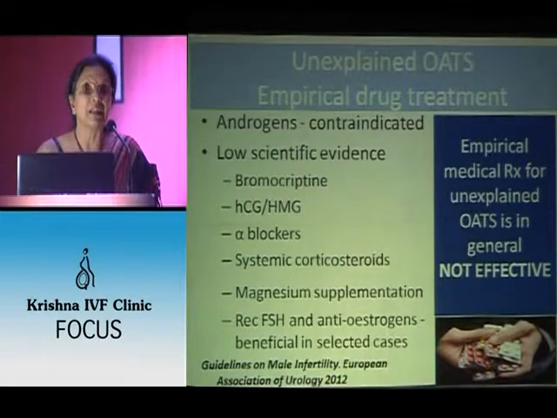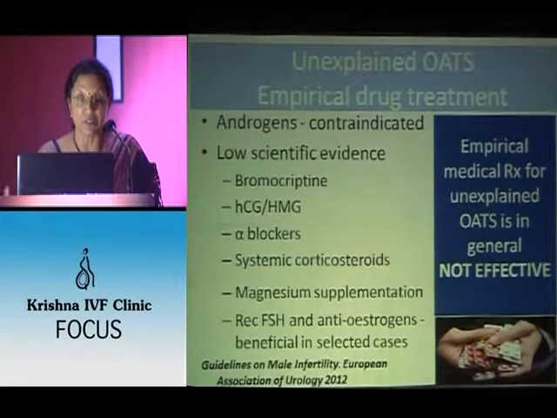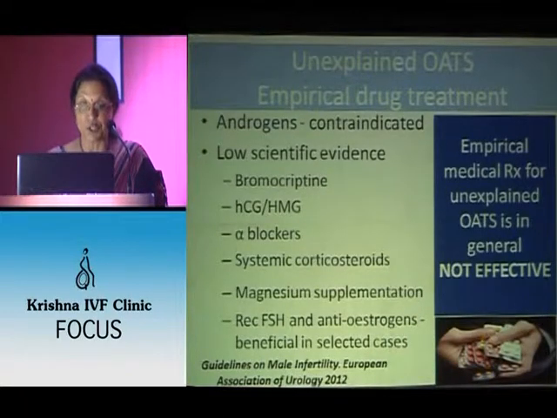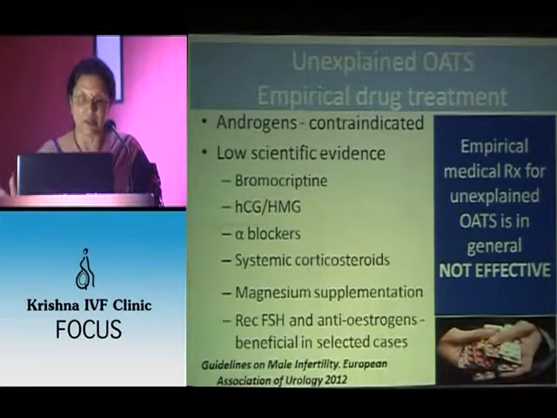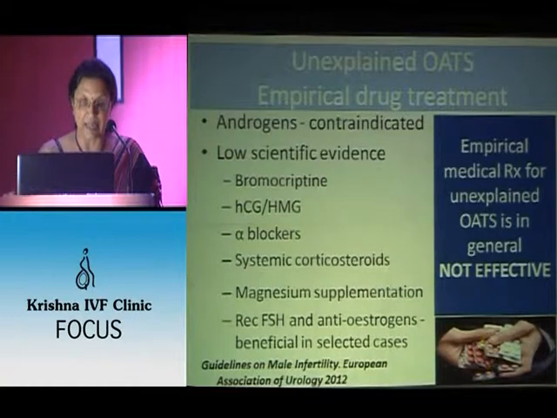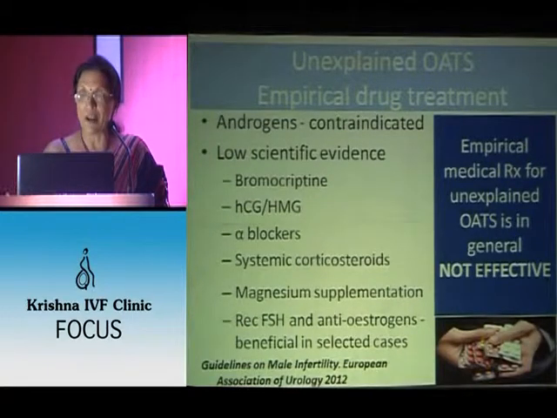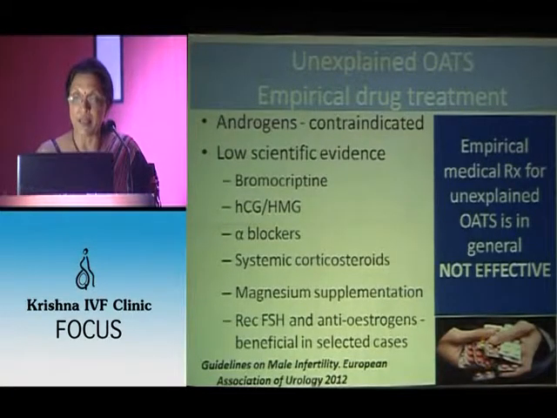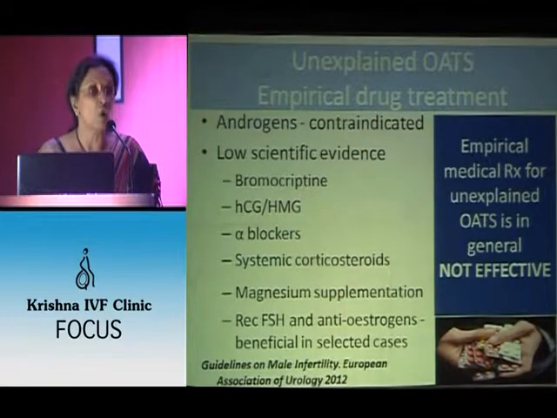What has very little scientific evidence? Bromocriptine, HCG, HMG injections, alpha blockers, systemic corticosteroids, magnesium supplementation. Recombinant FSH and antiestrogens like clomiphene citrate may have some benefit in selected cases. So in general, empirical medical treatment for unexplained OATS is not effective.